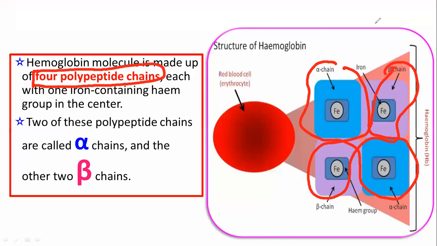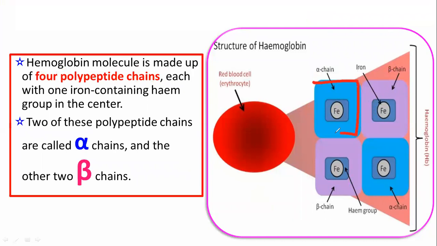If I highlight them with different colors, these are the 2 alpha, and have a look, these are the 2 beta. Inside these chains is the heme group, a kind of prosthetic group. The function of the heme group is to help carry the oxygen. We'll discuss this in detail when we discuss the chapter transport in mammals.